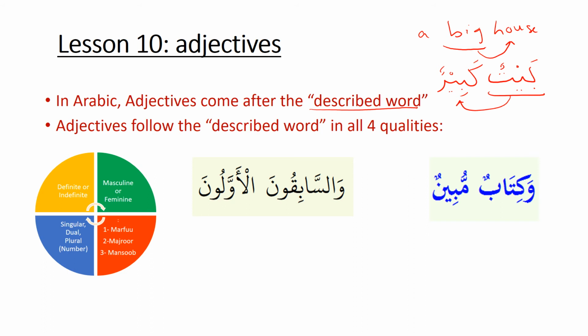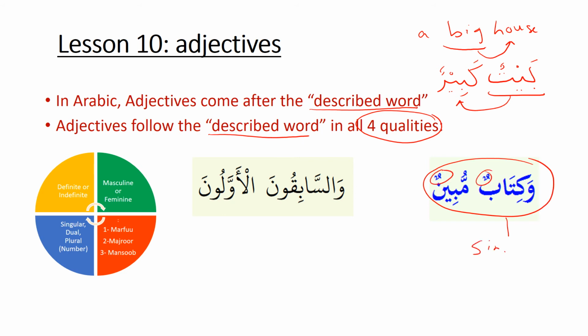Okay? And also, as you can see, the adjectives follow the described word in all four qualities, and that's how you know that, oh, it becomes part of one word. So kitabun mubinun, it's singular, masculine, both of them.